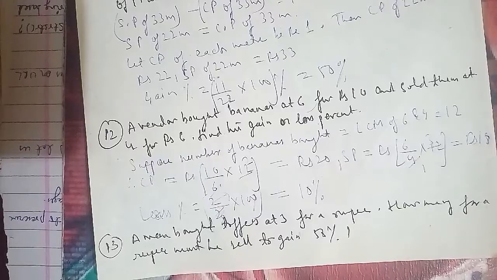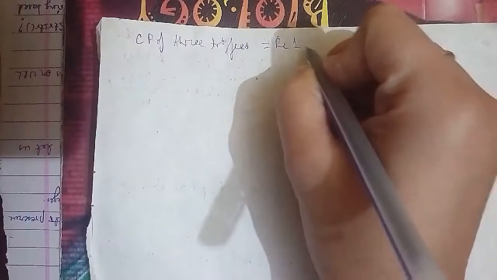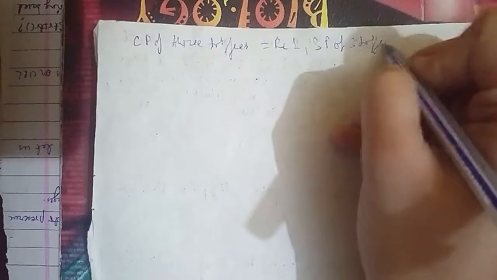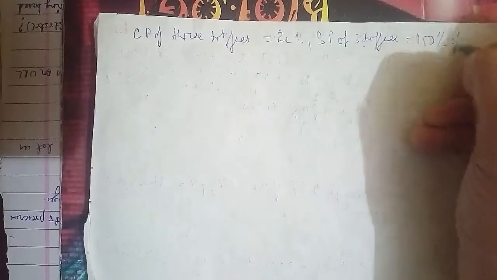So we go ahead for the same. Let's find out the 13th solution here. CP of 3 toffees equals 1. SP of 3 toffees equals 150% of rupees 1, which equals 3 by 2.